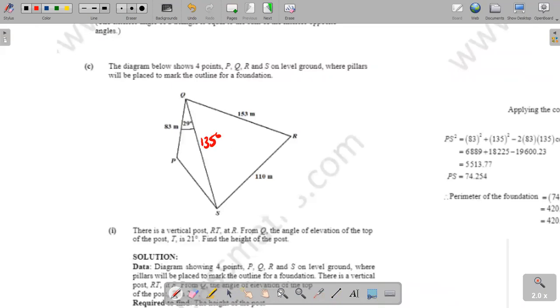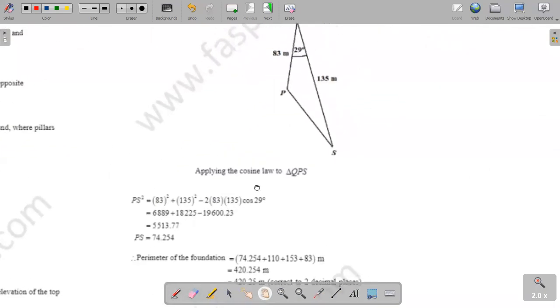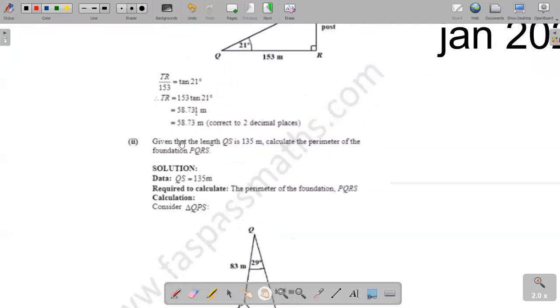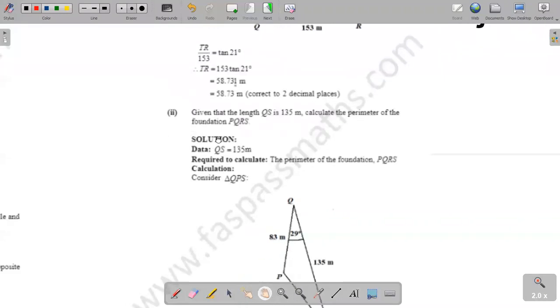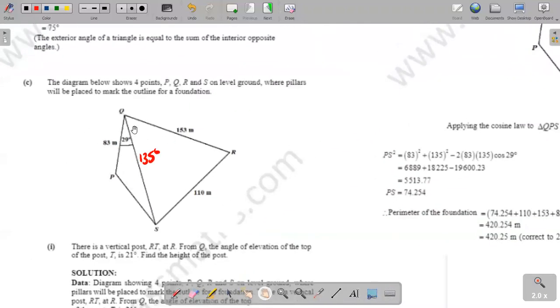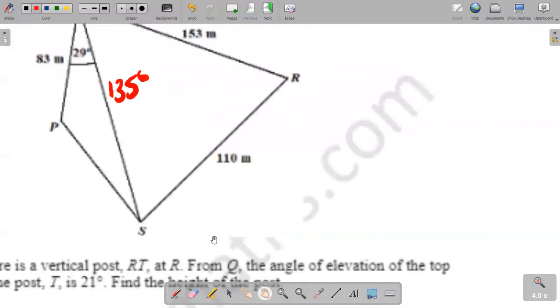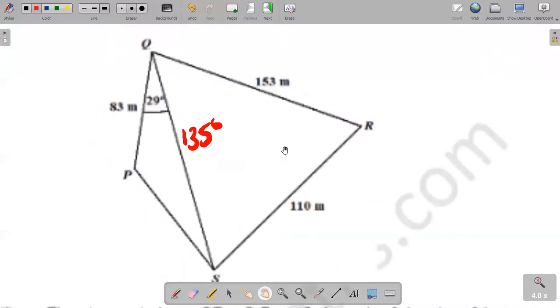Let me see if anybody is thinking about what they ask us to find. They say calculate the perimeter of the foundation PQRS. So let's look at that. Find the perimeter. What does perimeter mean, everybody? You see how they just ask questions? First of all, what does perimeter mean?